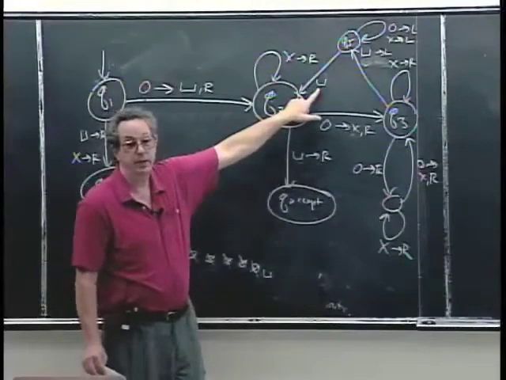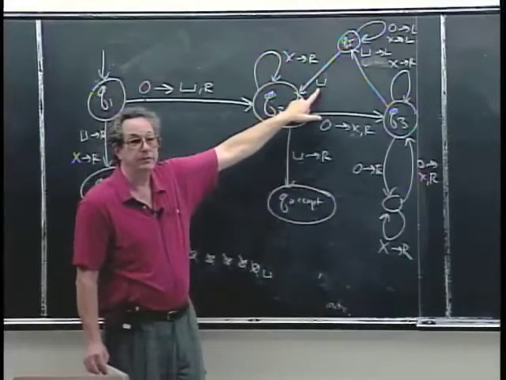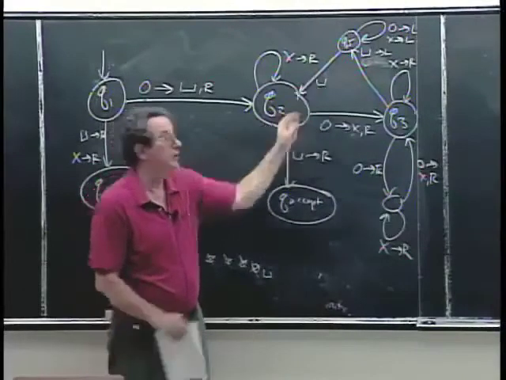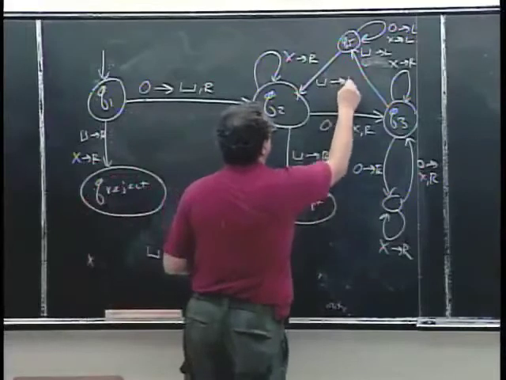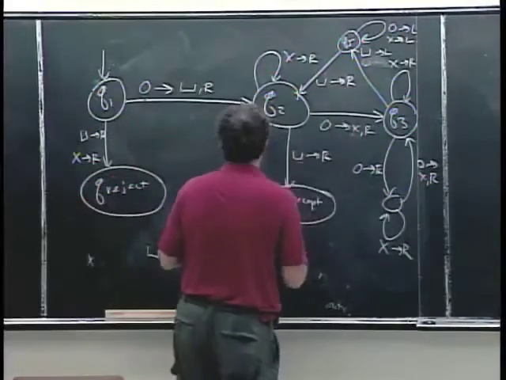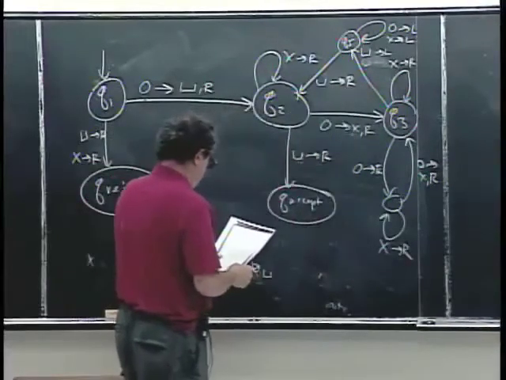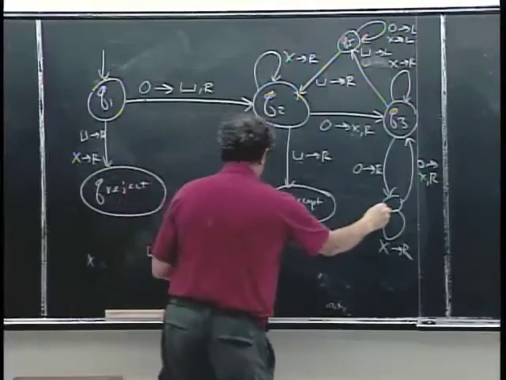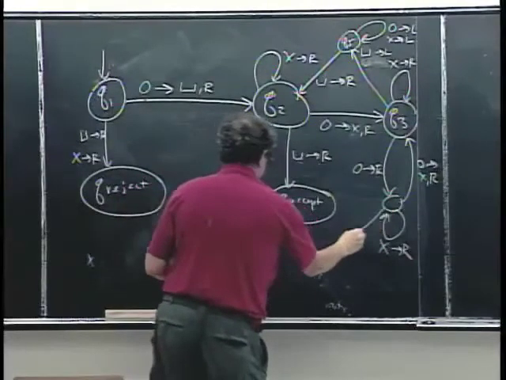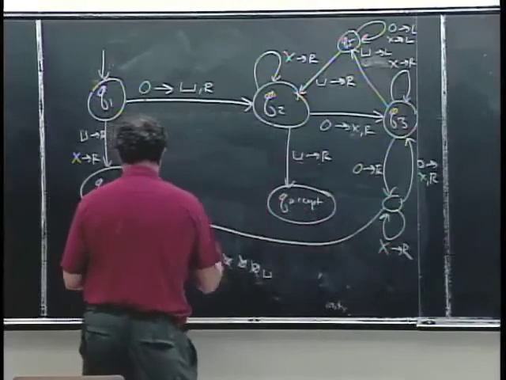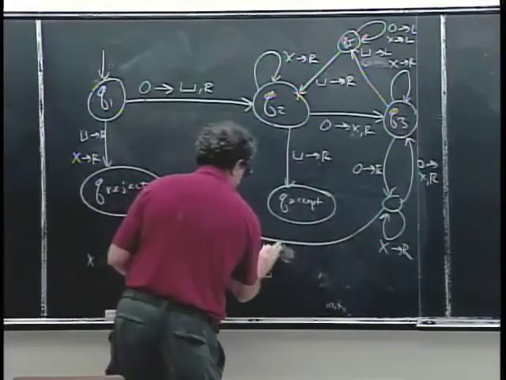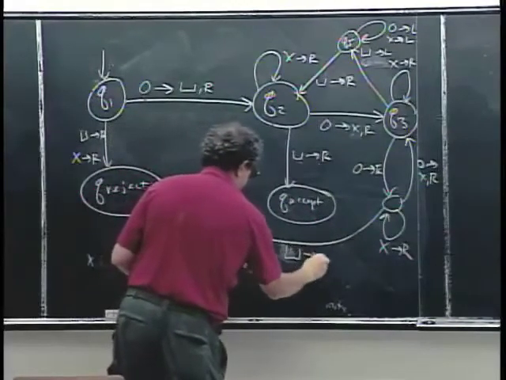So when we see a blank at the left end, where does the read head go? It goes right. Okay? So that's that part. And then we have this one. Empty goes reject.